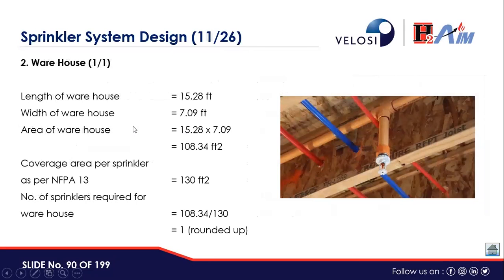Similarly, for the warehouse, the length of the warehouse was 15.28 feet. Width was this. We can calculate the area, and the coverage factor as per NFPA 13 per sprinkler is 130. So by dividing this factor, the number of sprinklers required for the warehouse was again 1.